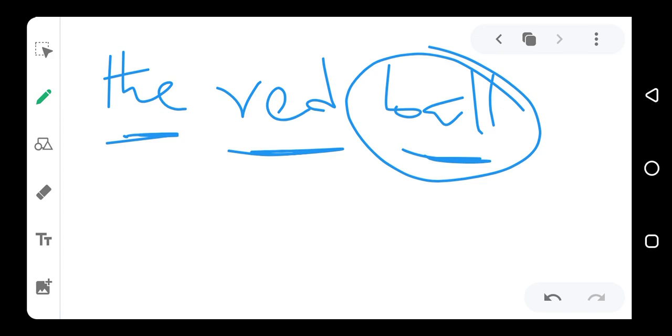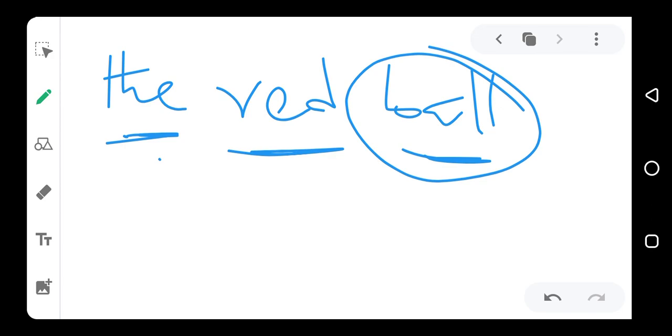So when we have a group of words that are built around a noun, which are usually an article, an adjective, and the noun, we call it a noun phrase.